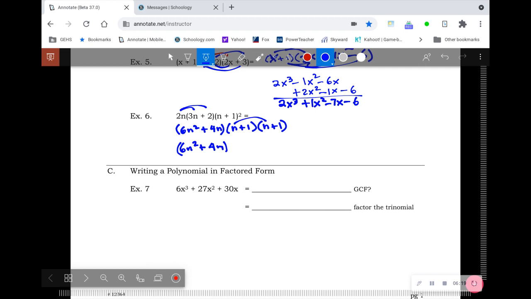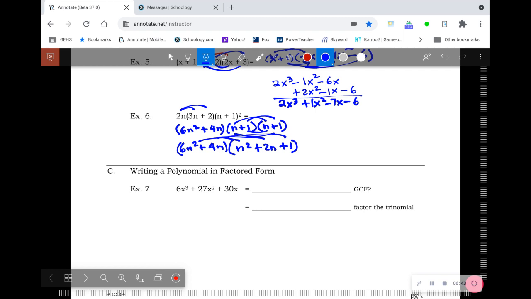So the first time around I get n squared. The outside is 1n combined with another 1n on the inside. And last times last. Okay, now I'm going to show you how to multiply this binomial times this trinomial. You take the first part and you multiply by all three of the other ones.